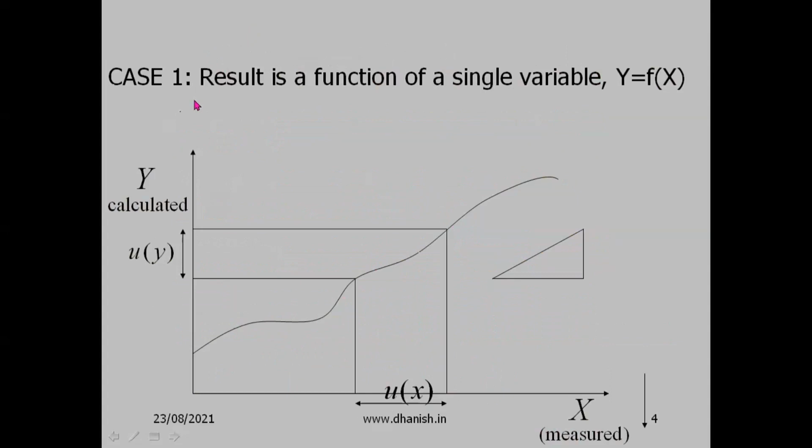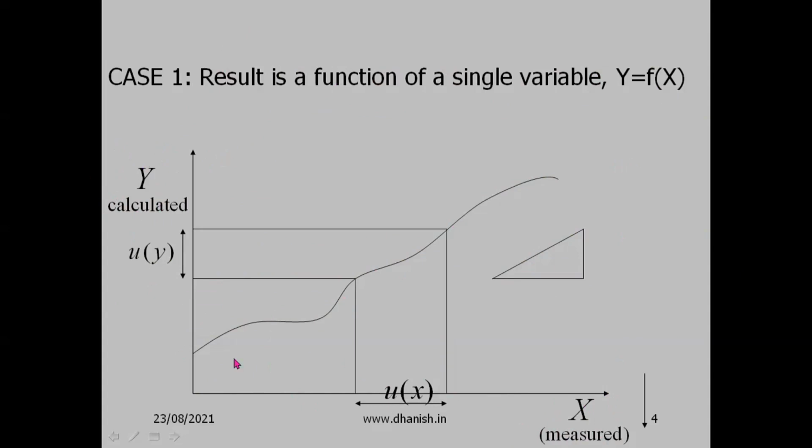So y is a function of a single variable, x. This is a graphical illustration of the situation. x is the input variable, y is the output variable. x is measured and we calculate y.